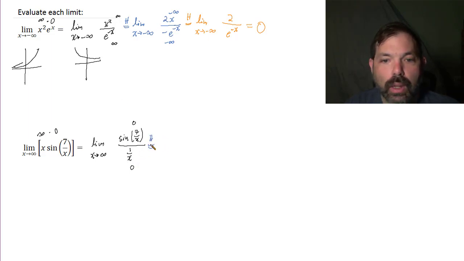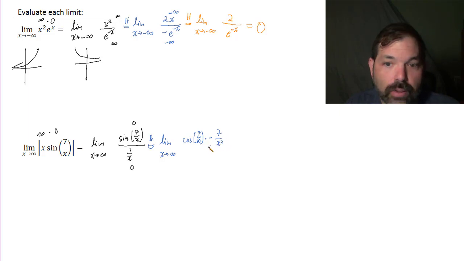The derivative of sine of 7 over x is cosine of 7 over x, and then by the chain rule, times negative 7 over x squared. The derivative of 7 over x, that's 7x to the negative first, is negative 7 over x squared. Similarly, in the denominator, this becomes negative 1 over x squared.